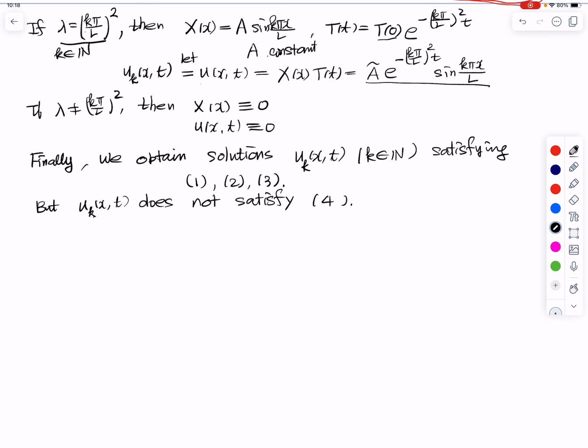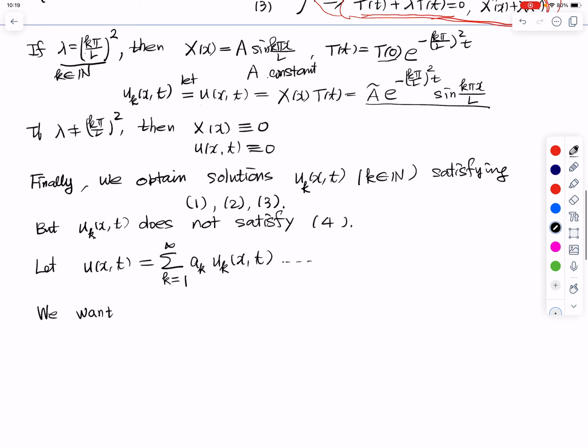Now let u(x,t) be the infinite sum, k from 1 to infinity, of some constant a_k multiplied by u_k(x,t).